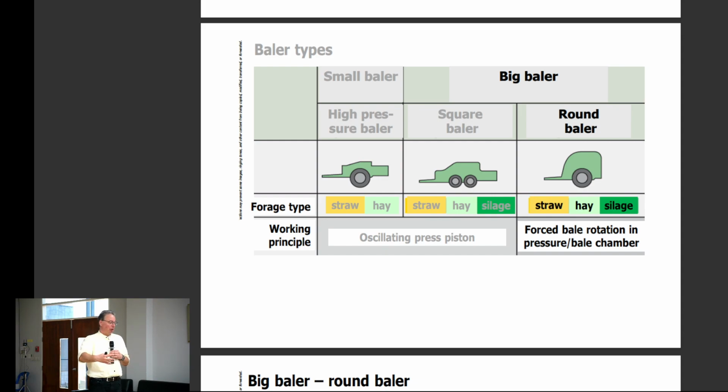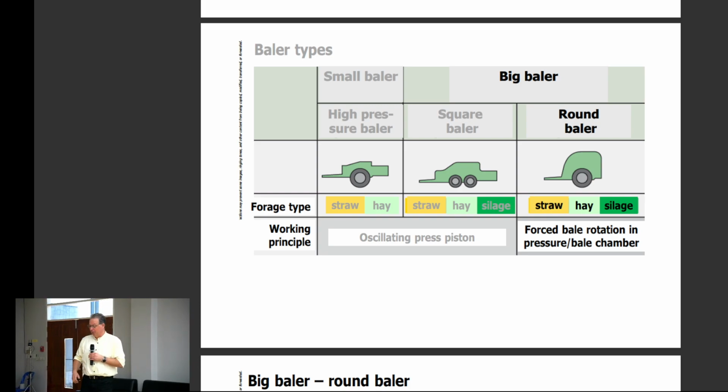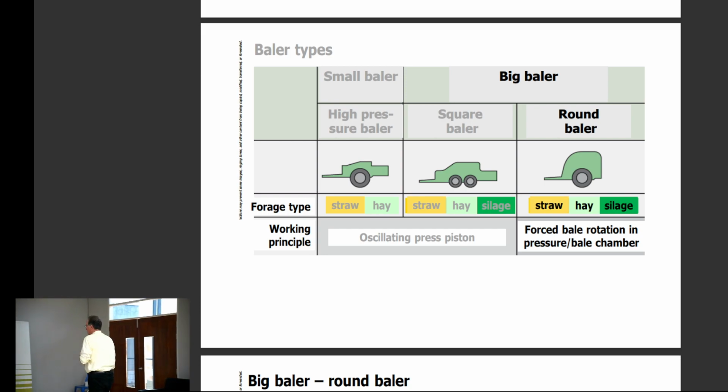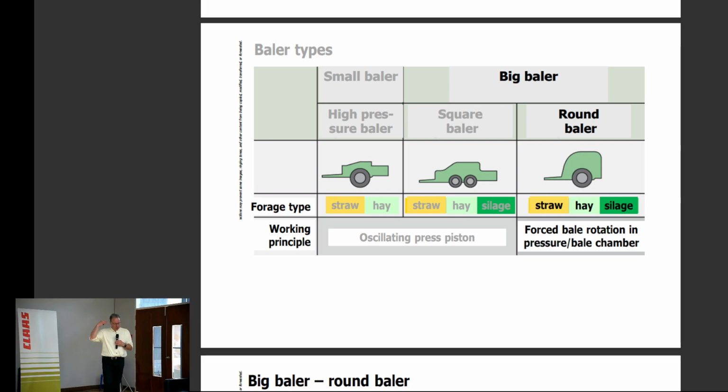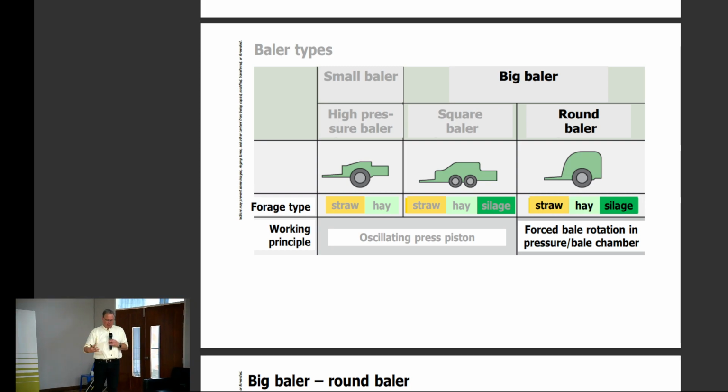If the time is too long, again, you're losing money. So of course, it might be easier to use a baler where these 2 steps are combined, so you have first the baling and then the wrapping. We'll look a little bit through the balers, just to understand there are 3 different types of balers.